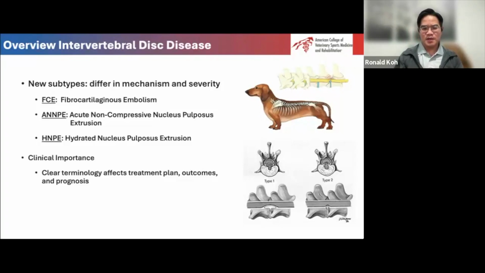However, nowadays, neurologists don't do surgery on HNPE anymore because, based on the literature, the outcomes comparing conservative management and surgery for HNPE are quite similar. So a lot of the time we just treat them conservatively with rehab, pain control, and crate rest, and they might give us the same results.